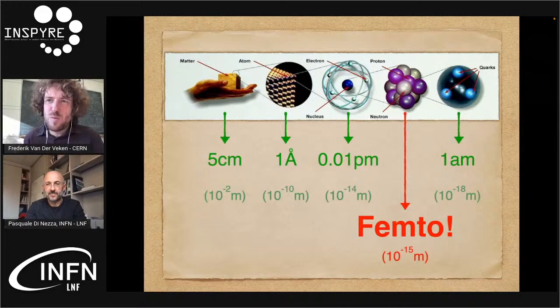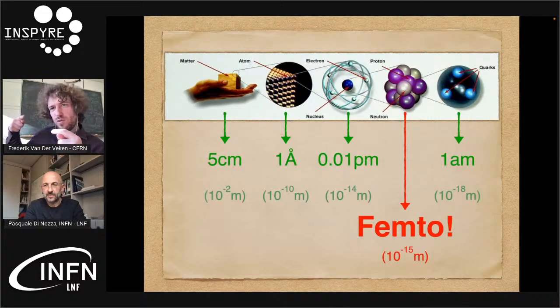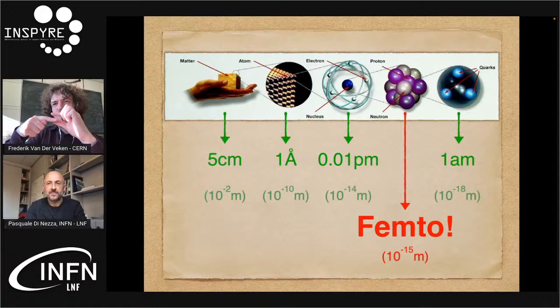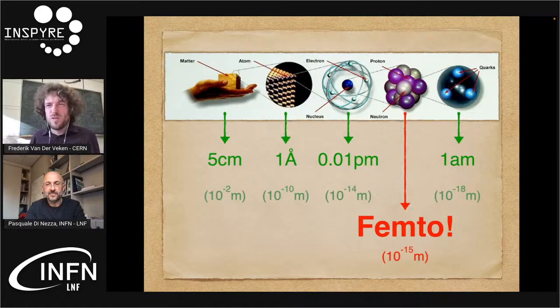What this 1 femtometer means is that when a photon tries to go closer than 1 femtometer, it will start interacting with the proton. The photon cannot pierce this 1 femtometer without breaking the proton. From the vision of the photon, which is the carrier of the electromagnetic force, it looks as if the proton has a shell of 1 femtometer. But here comes the catch. That's for a photon.